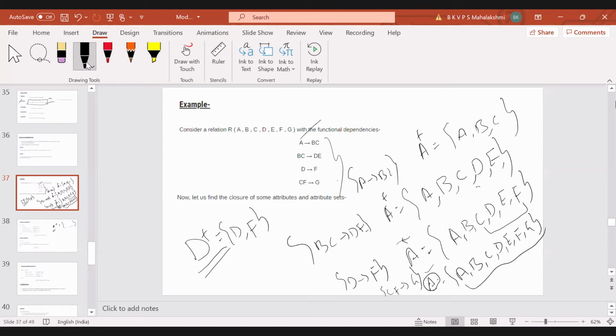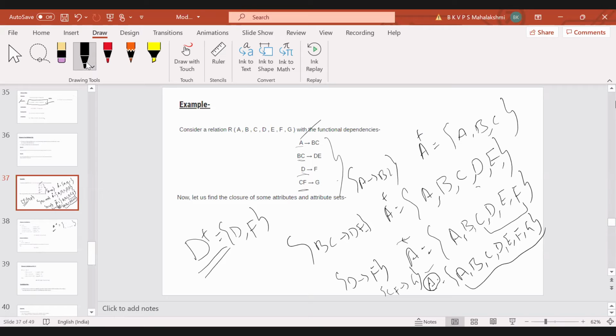In this way, you have to just check the closure for the left-hand side attributes of each and every functional dependency. That is enough. Don't find the closure for the right-hand side attributes. That is not useful.